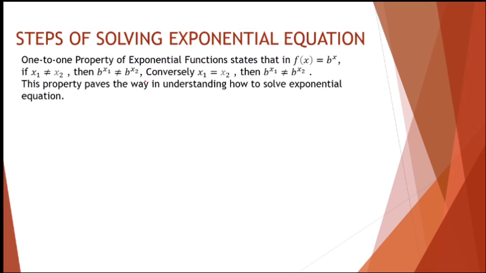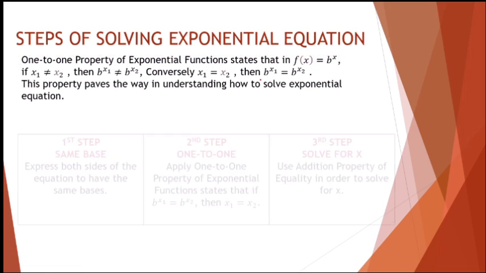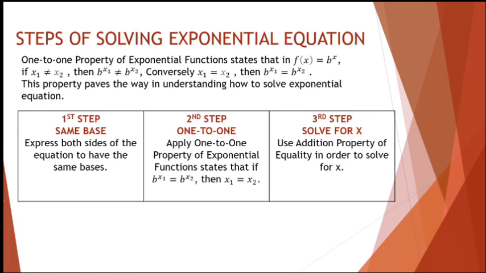Conversely, if x sub 1 is equal to x sub 2, then their bases raised are also equal, automatic. Teka, yung pen tab ko na muna. So, ayan. This property paves the way in understanding how to solve exponential equation.